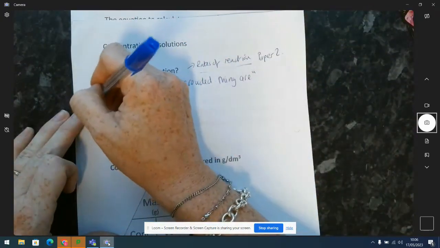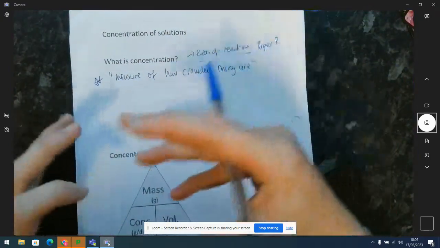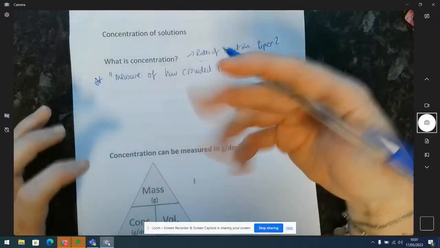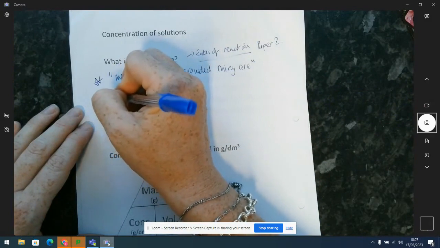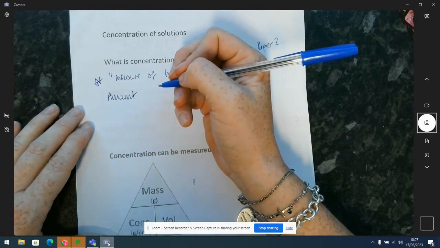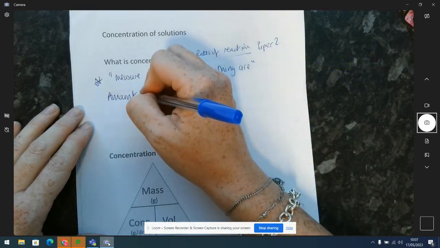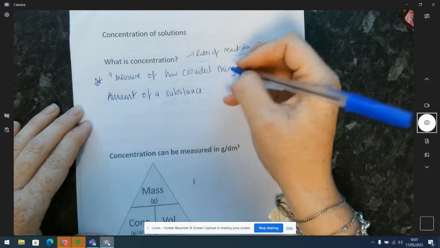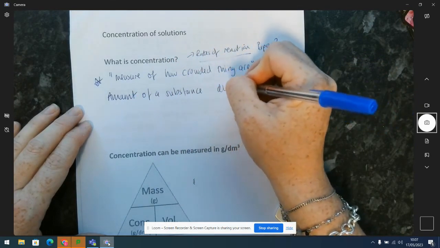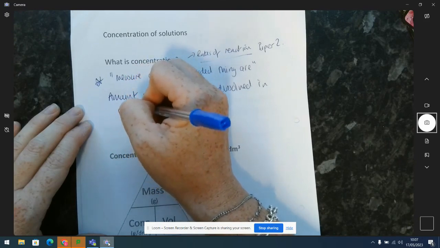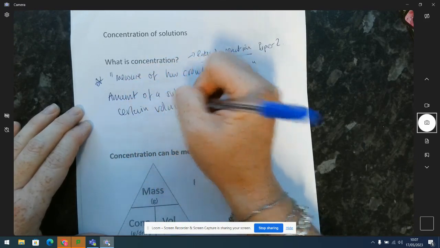But essentially, concentration is a measure of how crowded things are. When you've got a specific amount of a substance, let's imagine we've got salt dissolved in water, the amount of a substance that is dissolved in a specific volume is how we are measuring concentration.